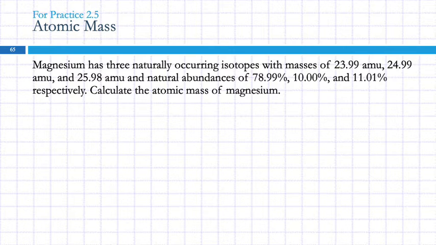So I'm going to take the first percentage and turn it into its decimal form, or its fractional abundance. Take the percentage, divide by 100. And then I'm going to multiply by the mass of that isotope.